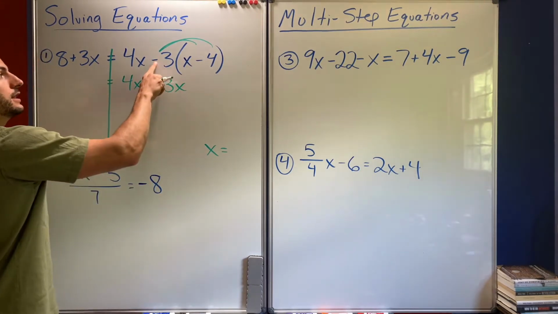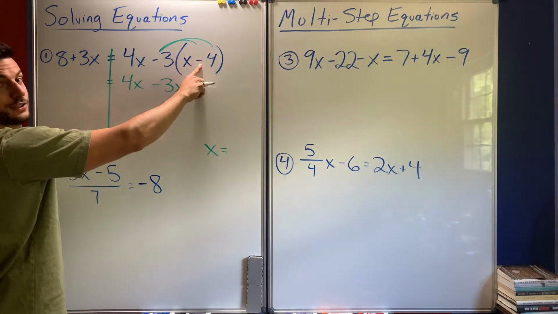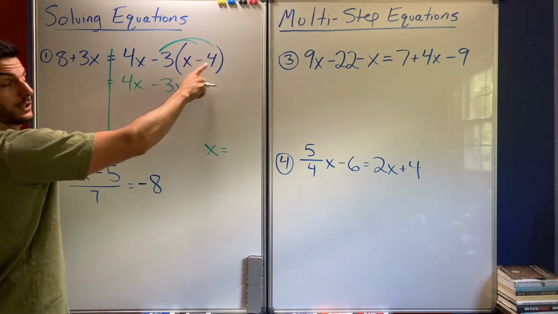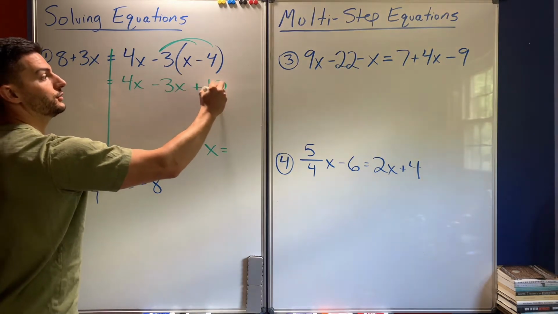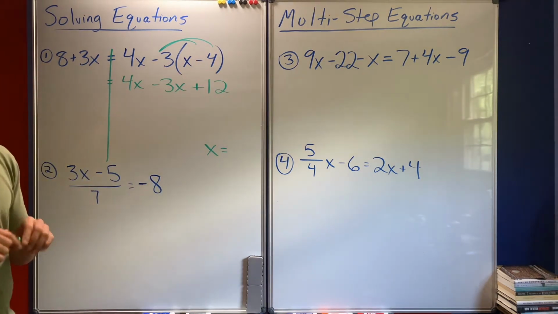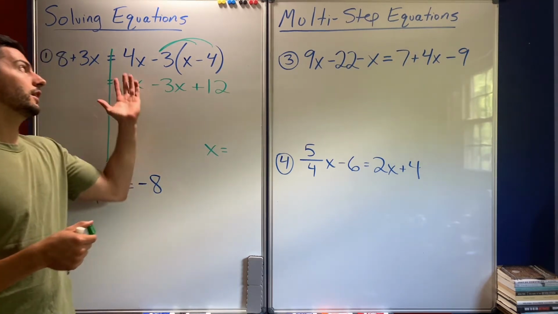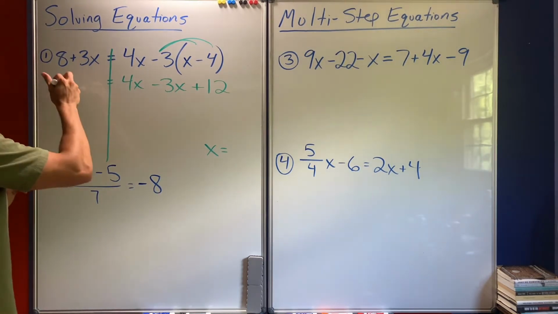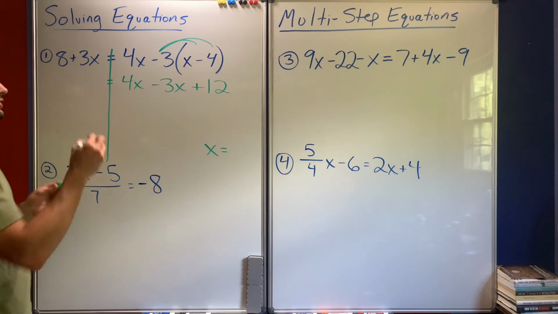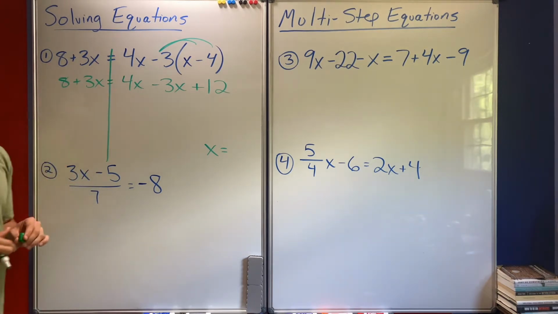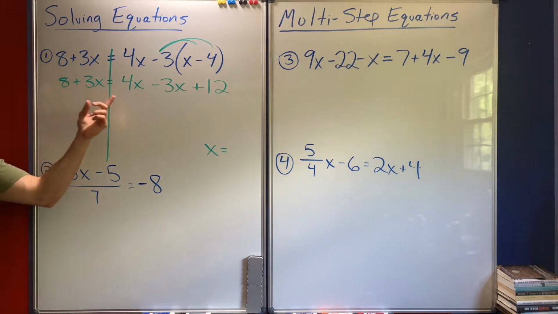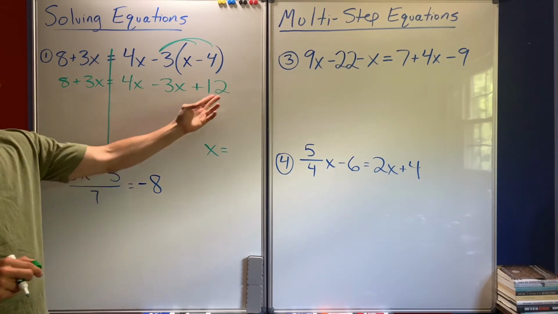Okay, and then negative 3 times, again, you think of this as negative 4 as well. So negative 3 times negative 4, positive 12. Okay, so I distributed on that right side. So that's step one. And again, whatever didn't change, you just bring down exactly how it was. Okay, so 8 plus 3x equals 4x minus 3x plus 12.